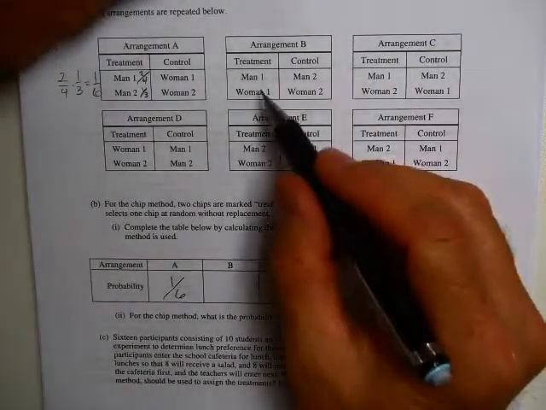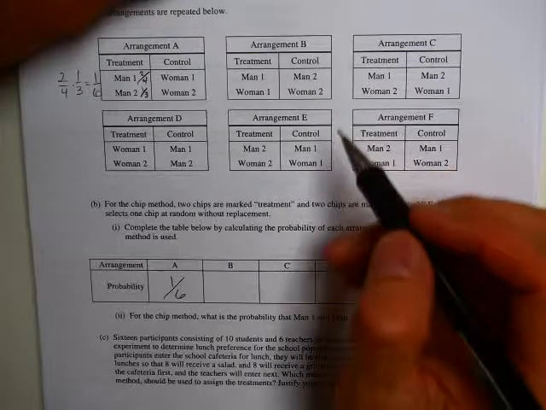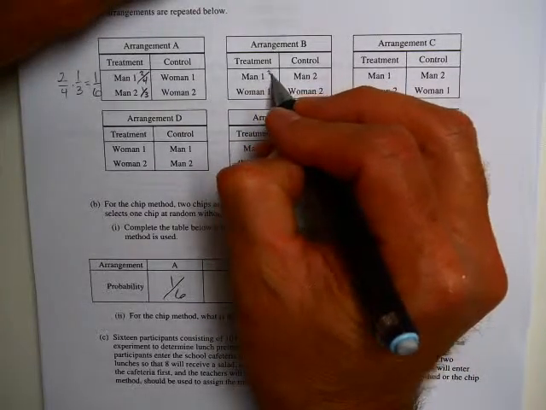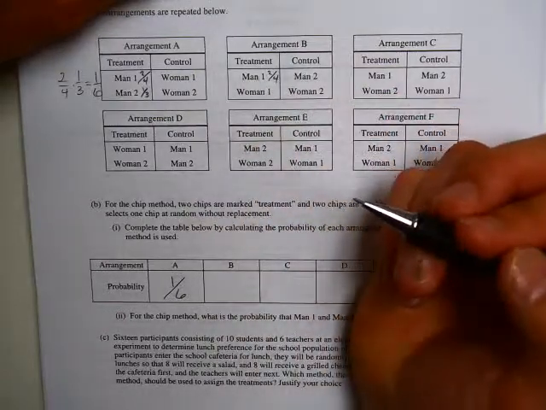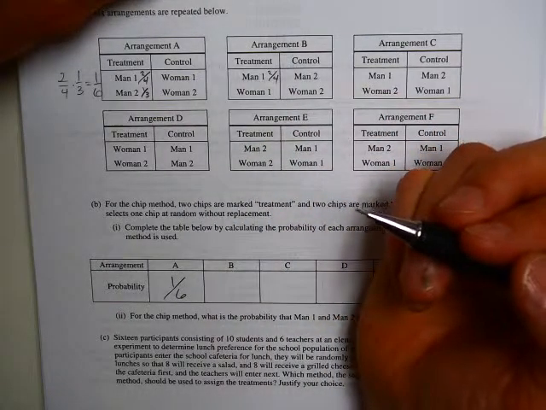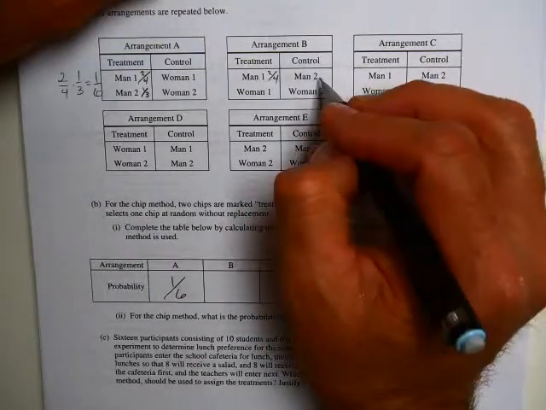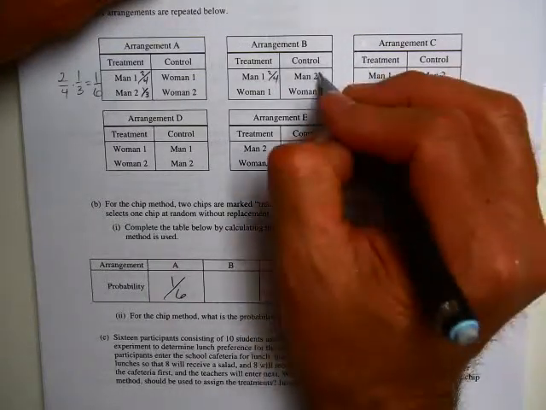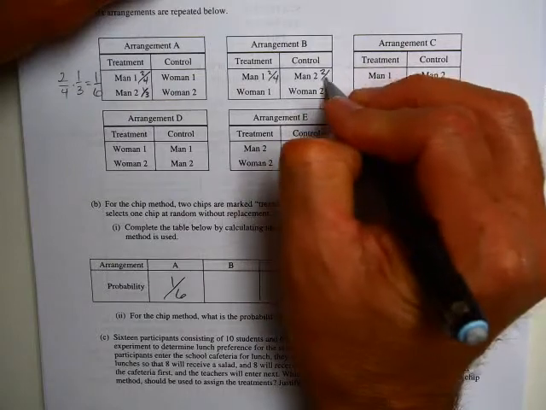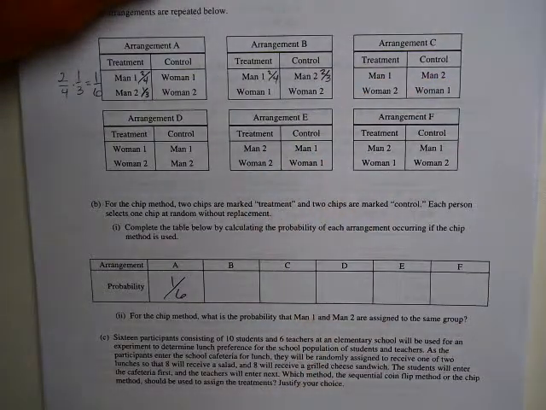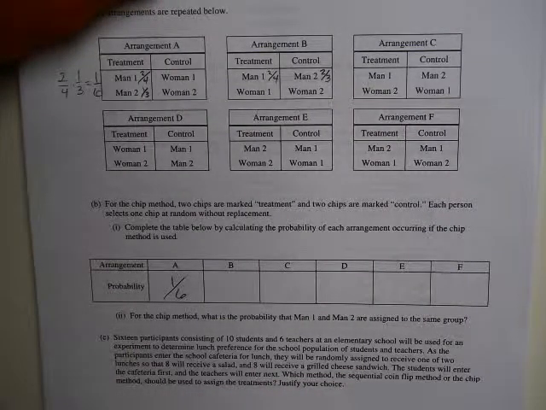All right, arrangement B. This one's a little different. Man 1 picks first, so he still has a 2 in 4 probability of getting into the treatment group. Man 2 chooses second, but he doesn't get into the treatment group. He gets into the control group, and the probability of that happening is 2 out of 3, because 2 of the chips are control and 3 are still available after man 1 selects his.